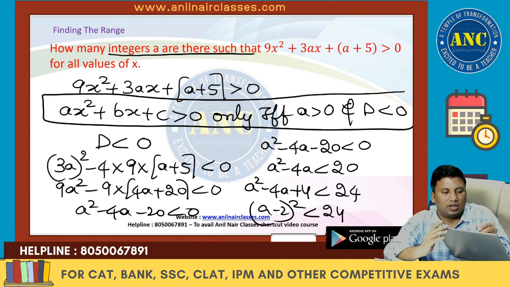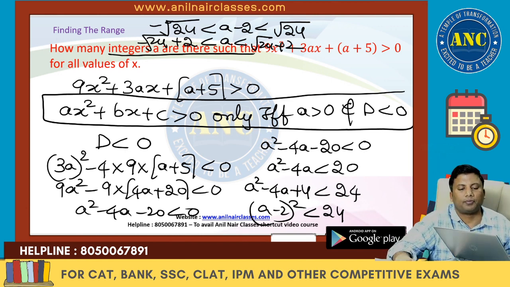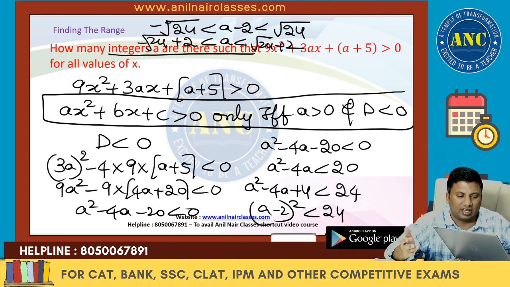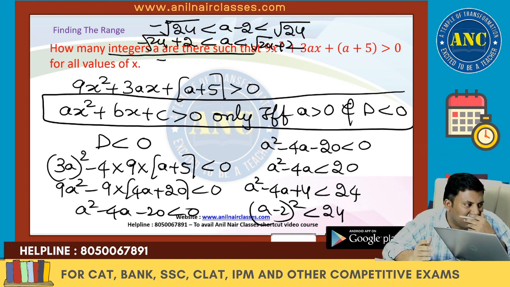That means minus root 24 less than a minus 2 less than root 24. Whatever the integers that lie between these two values, minus root 24 plus 2 less than a, less than root 24 plus 2. So, 4.9 whole square is approximately 24.